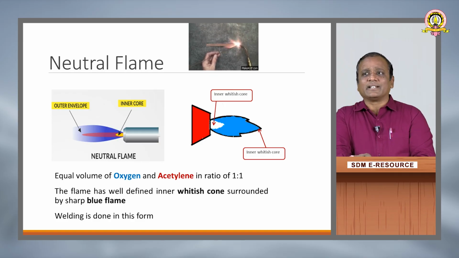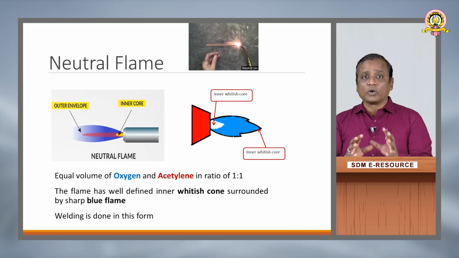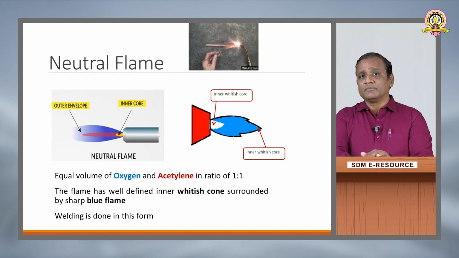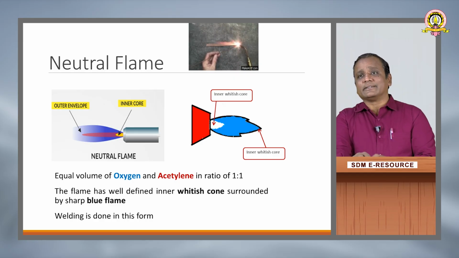In the picture you can see that welding is done using a filler material. As I said, each flame has its own application. In the neutral flame, the welding is done in this form. Let's go to the next flame.